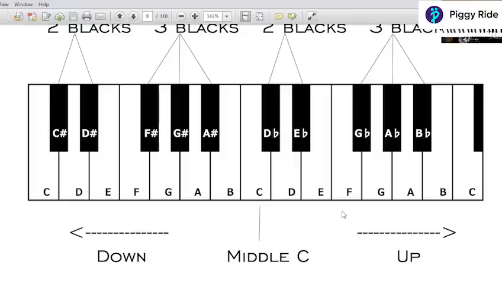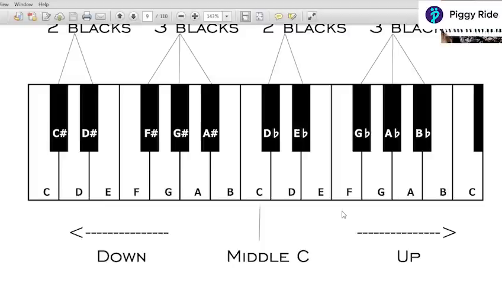In 61 keys, we will get 5 octaves. What is an octave? I will explain it also, but I am sharing about the size of the keyboard and keys. Okay, there are 61 keys on the keyboard. So you can see my keyboard. To begin, I will show you: this group of two black keys, the white key before it is C. This is the first key of the keyboard, so we call it C1.